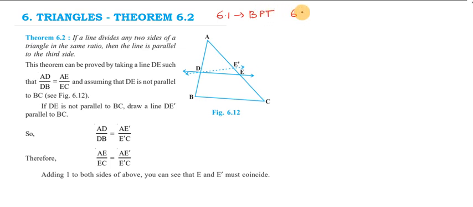And this Theorem 6.2 is the converse of the Basic Proportionality Theorem. So that is the Basic Proportionality Theorem or the Thales theorem, and this is the converse of it.